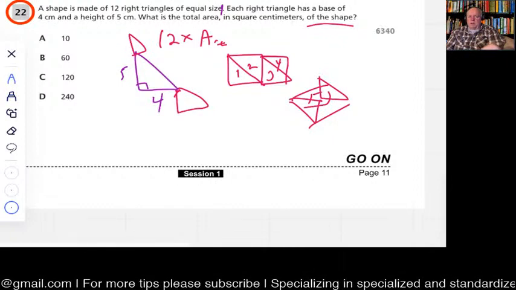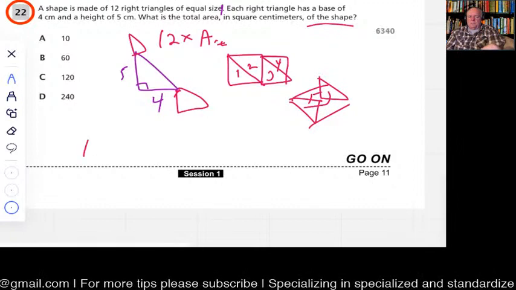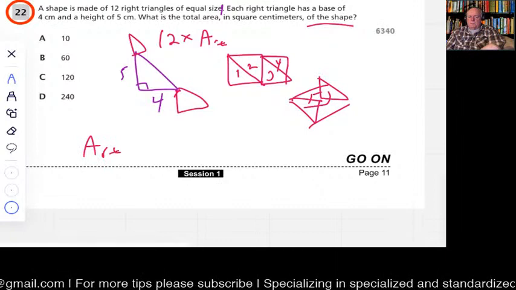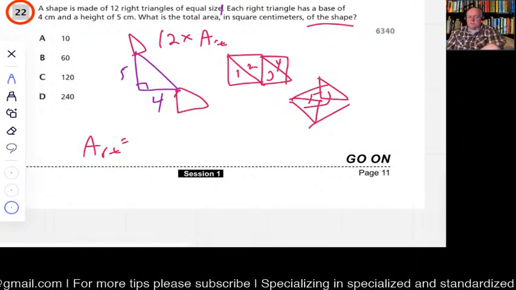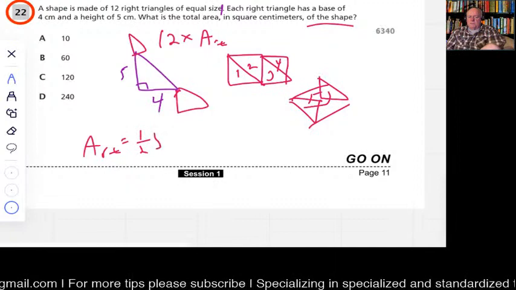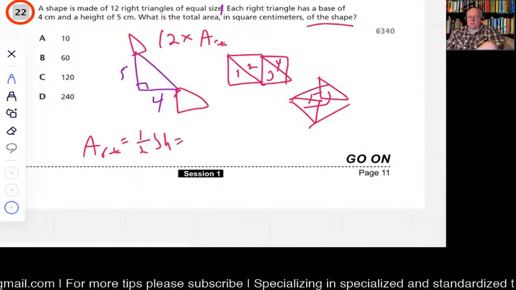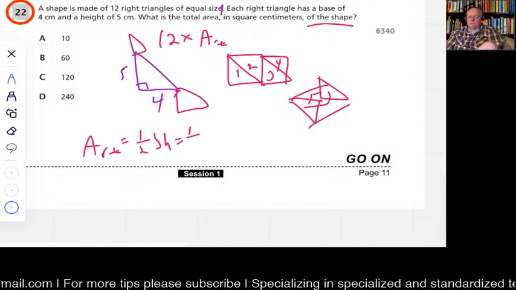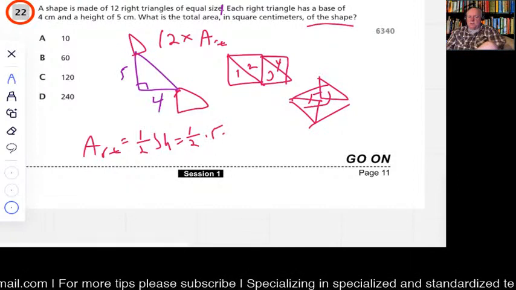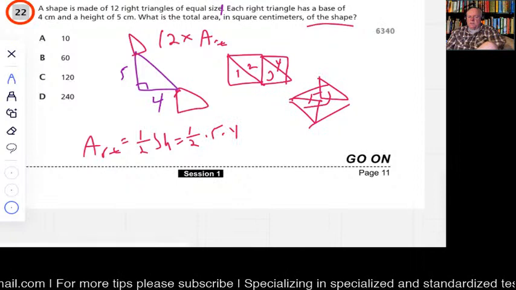So the area of a right triangle is 1/2 base times height. So we're going to get 1/2 times 5 times 4. 5 times 4 is 20, divided by 2 is 10.